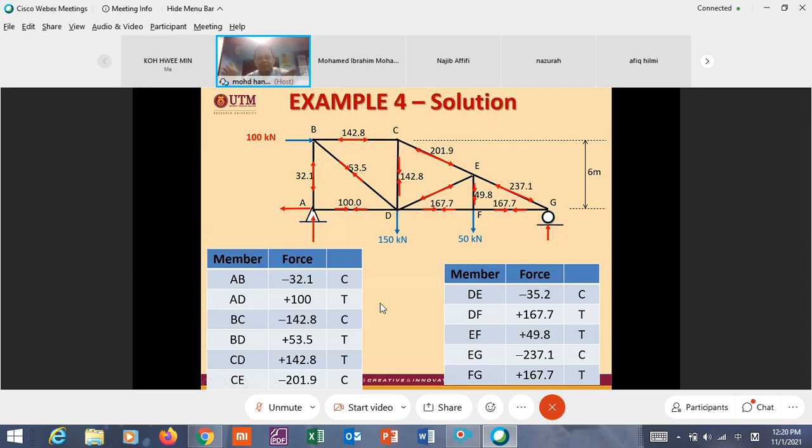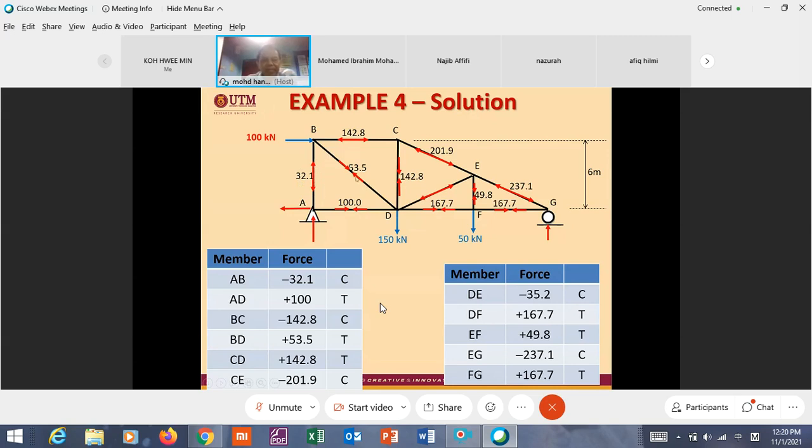You feel pushed outward. So that's why the arrowhead is pushed out, because it is in compression. Or you can put negative here, or if you have the arrow here, you don't have to put negative, because this arrow already shows that this one is in compression.